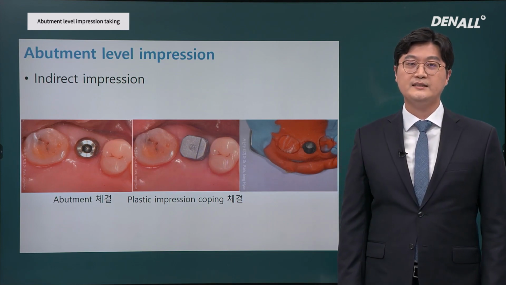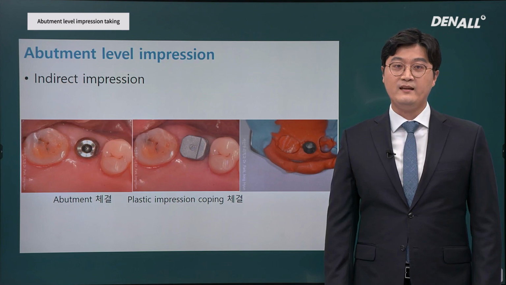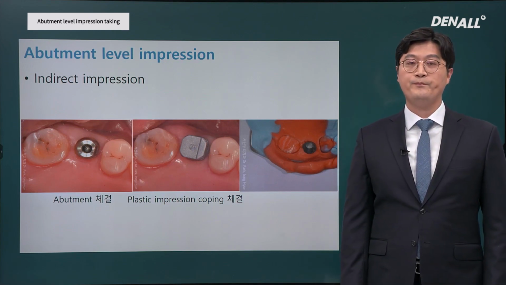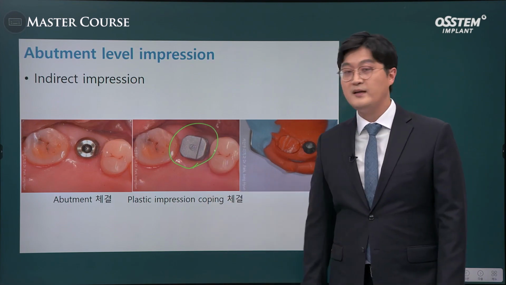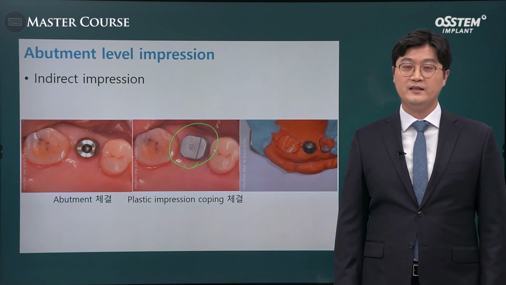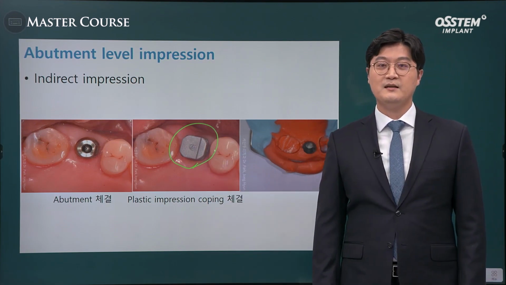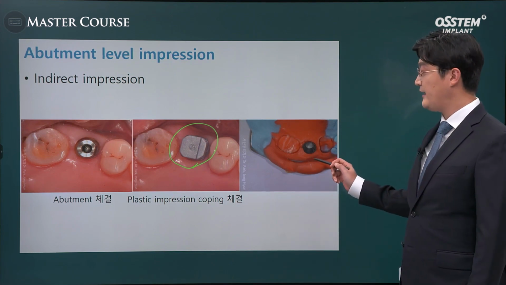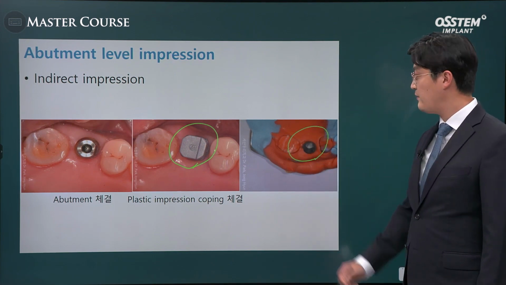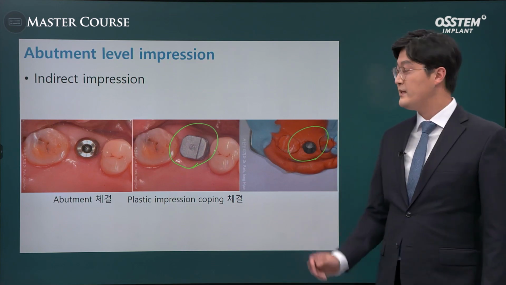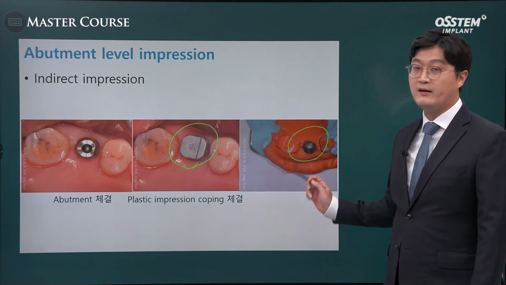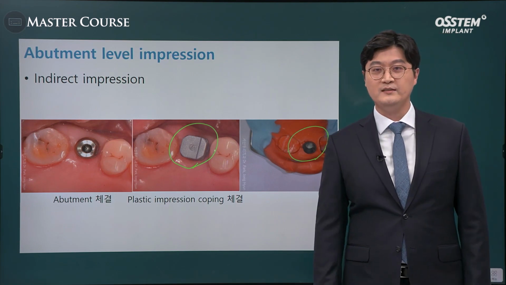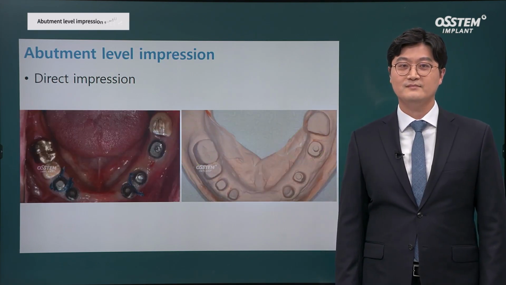Indirect impression photos. A stock abutment is connected in the mouth, and this is the Osstem stock plastic impression cap. After connecting it, the impression is taken, and in the impression material, the impression cap is included, and inside, the stock lab analog can be connected.